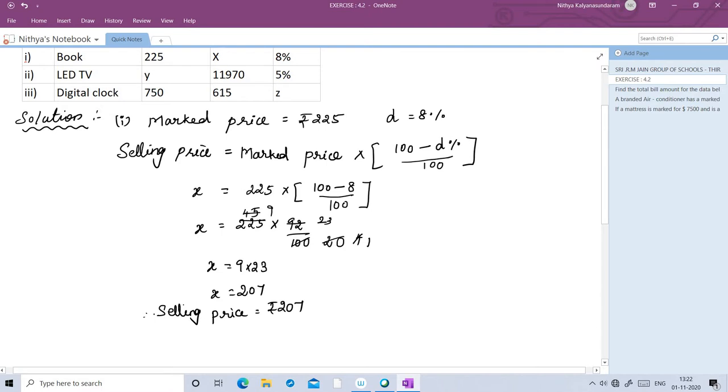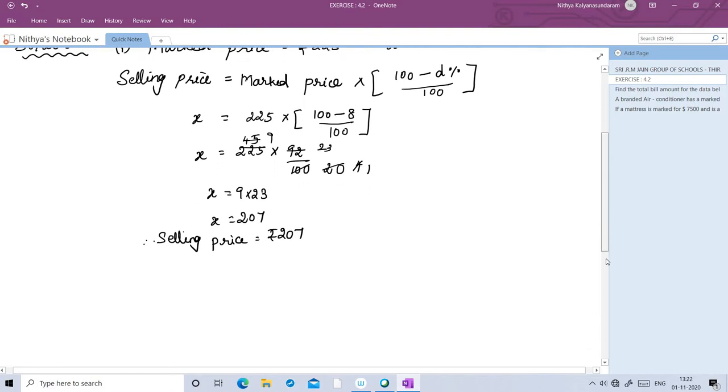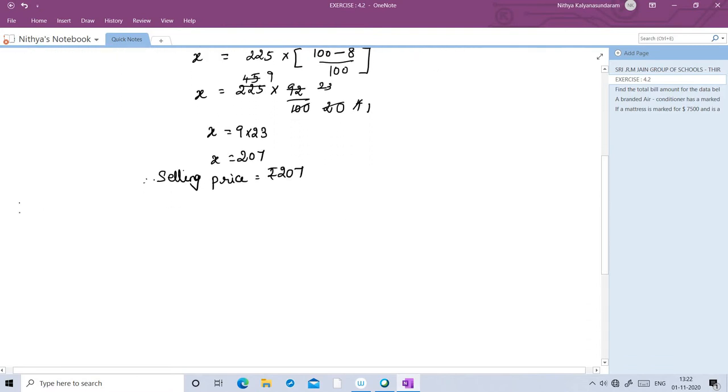Then selling price is rupees 11,970. Then discount is 5%. So LED TV marked price we want to find out. So second question, selling price is equal to marked price into 100 minus discount percentage divided by 100.